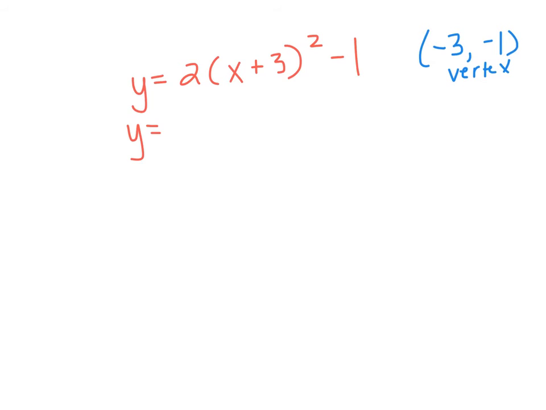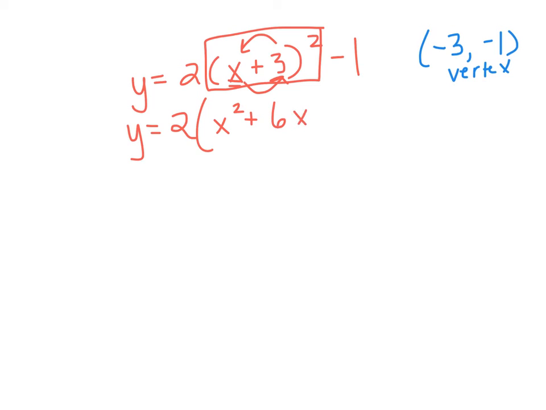So we have to do the exponent first. And so again, let's see, can we do this in our head? X is going to multiply by itself, that's x squared. X is going to multiply by 3 twice, and so that's going to give us 3x, but twice is 6x. And then 3 has to multiply by itself to give me 9.